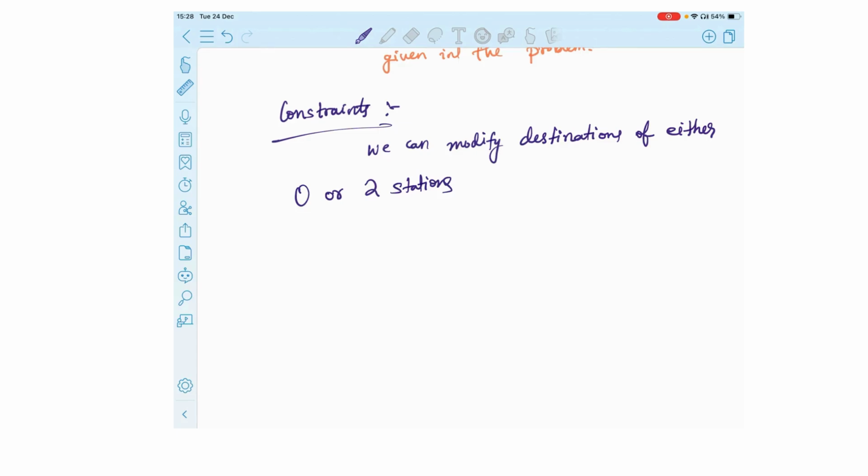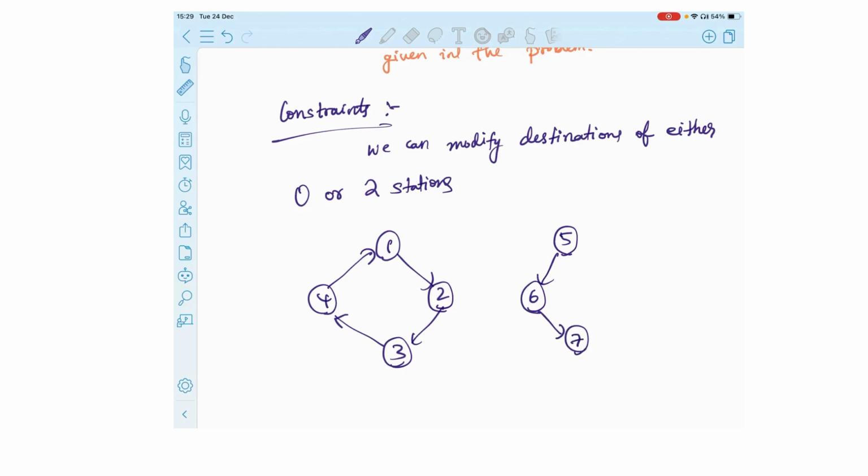Let's take an example. Let's say this is the entire graph we have, where each node represents a station and each edge represents the source station and the station to which the train starting from the source station is destined. Now, why did I say that we can either modify 0 or 2 stations?